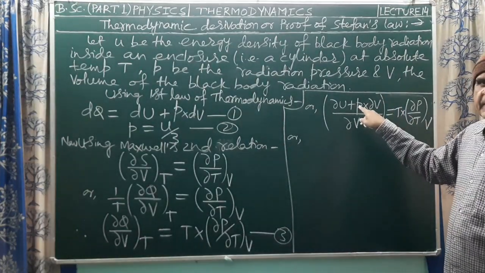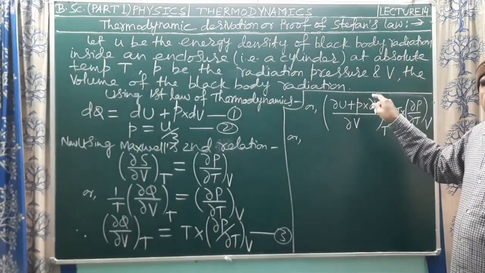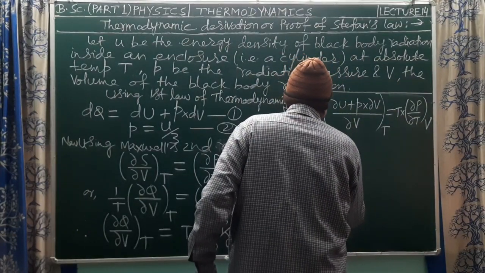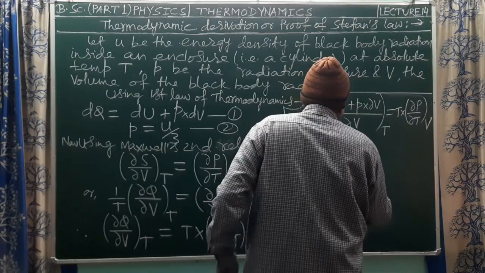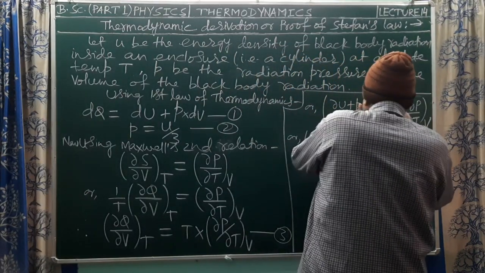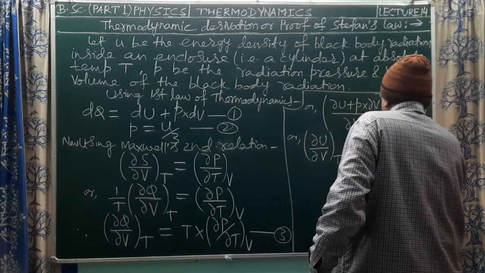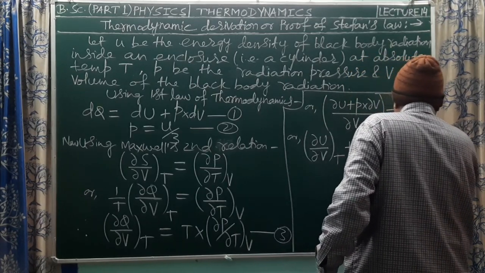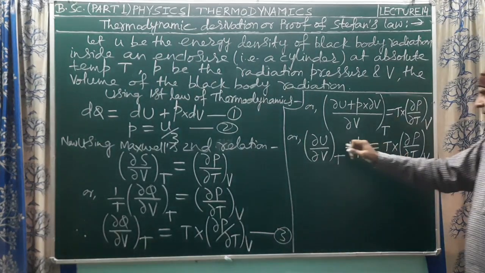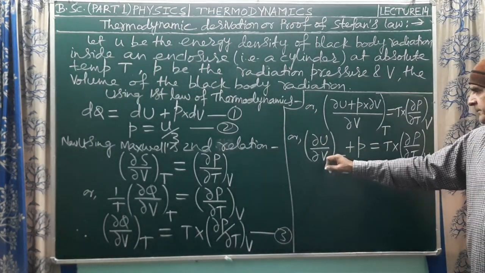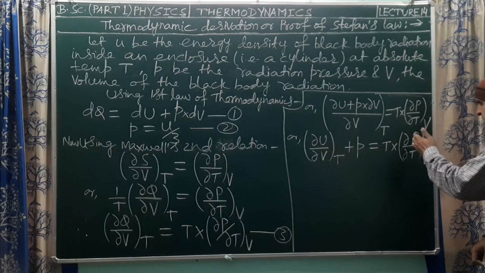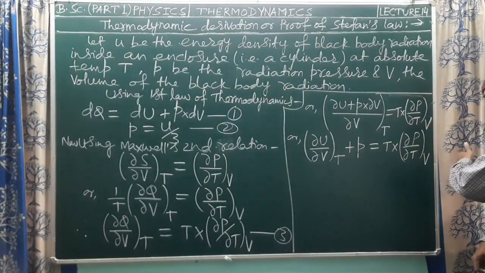So in the second term only P remains, the pressure of diffuse radiation, for which we have used small p, that is radiation pressure. So we can write LHS as del U upon del V at constant temperature T plus only P, equals to RHS, which is T multiplied by del P upon del T at constant volume V. Therefore now we can write del U by del V at constant temperature T equals to T multiplied by del P upon del T at constant volume V minus small p.